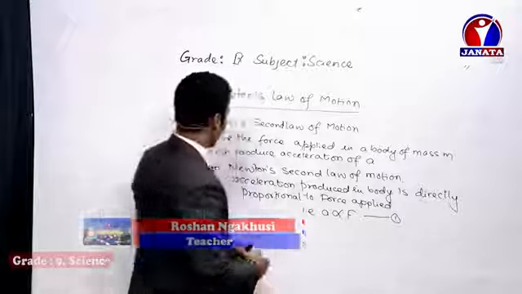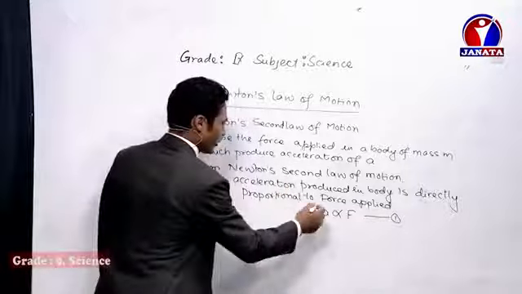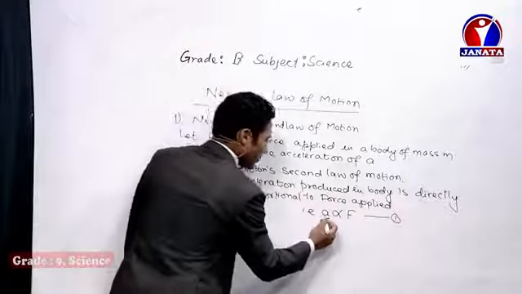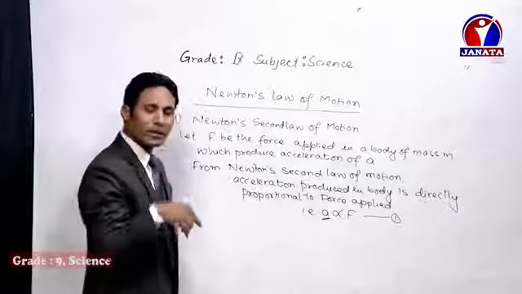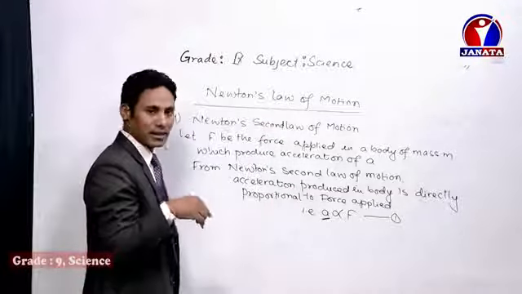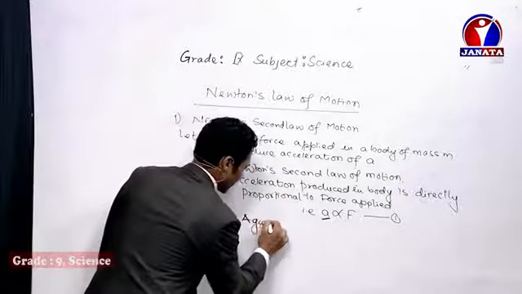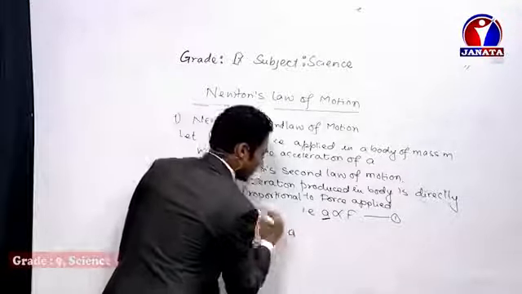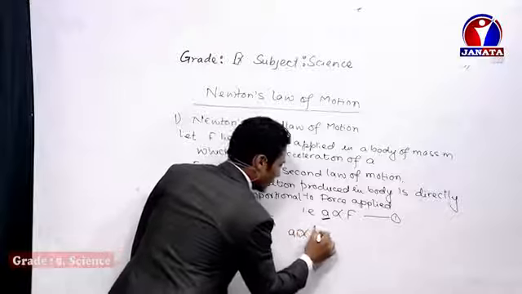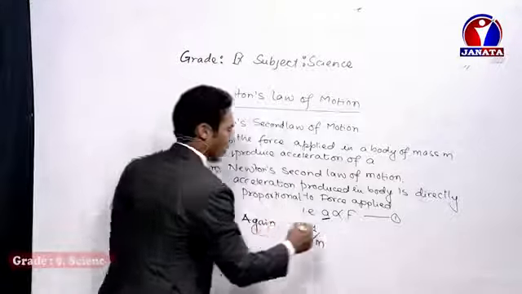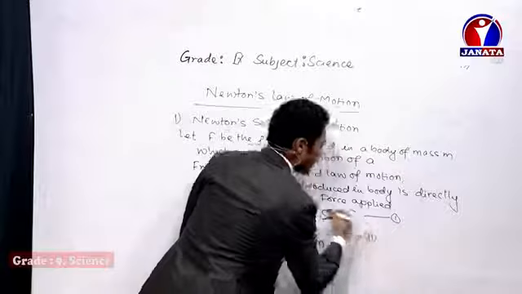Similarly, the acceleration produced in the object is inversely proportional to the mass. That also we have learned. So the acceleration produced is inversely proportional to the mass of an object. This I will write down as equation 2.